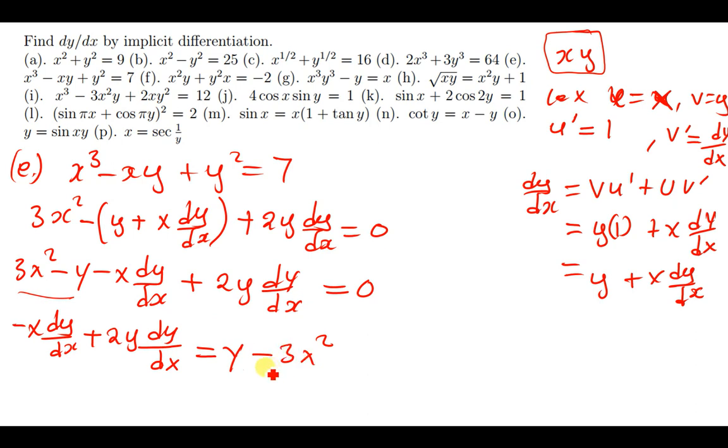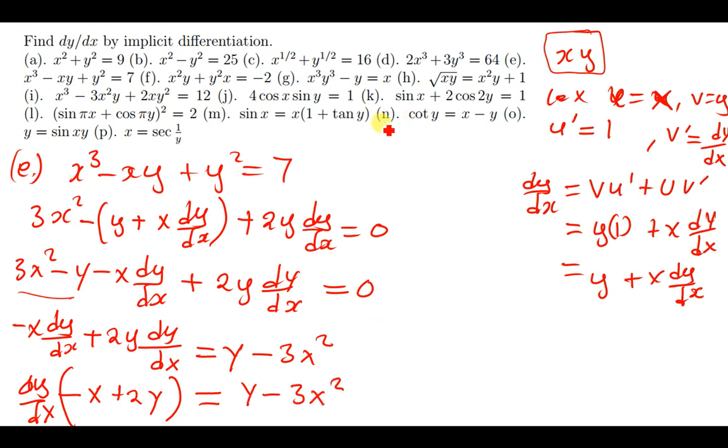So we factorize dy/dx because it's common between these two terms. We're going to have negative x in brackets, and then plus 2y. Then this is equal to, on the right side, y minus 3x squared.